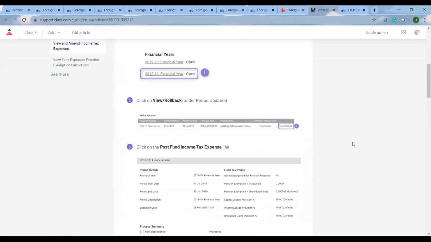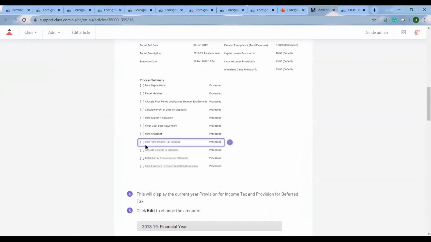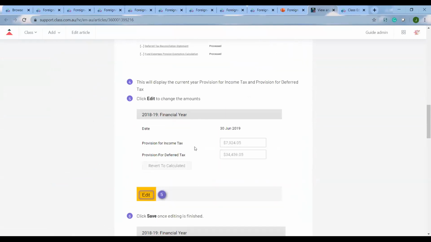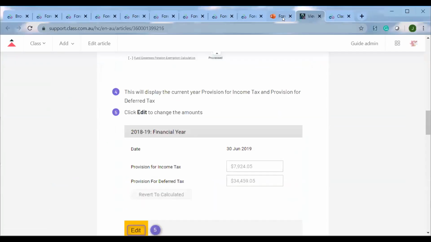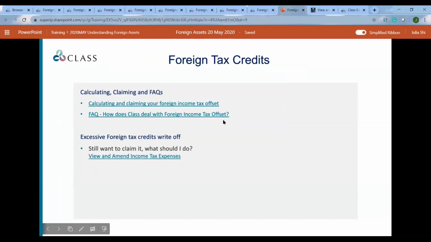What you can do is, under the PEER update, we have a field called post-fund income tax expense. You can update the provision for income tax in this field to reduce the income tax, because you're going to claim more tax offsets. In this case, you are including the extra tax offsets in your tax return, and also make sure you update your tax return accordingly.